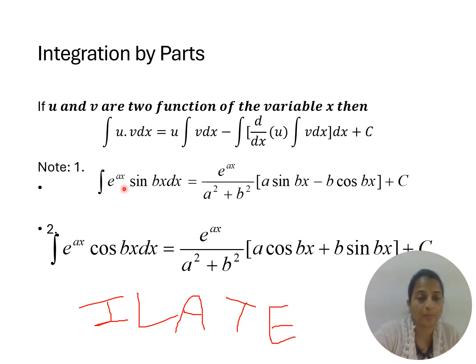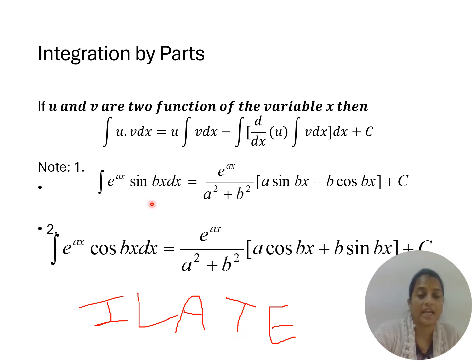The exponential function is the last, and for sin bx, trigonometric and exponential, the trigonometric function comes first. So in this integration we choose sin bx as u and e to the power ax as v, because in the word ILATE the last term is E, so we choose v as the exponential function and the trigonometric function as u.